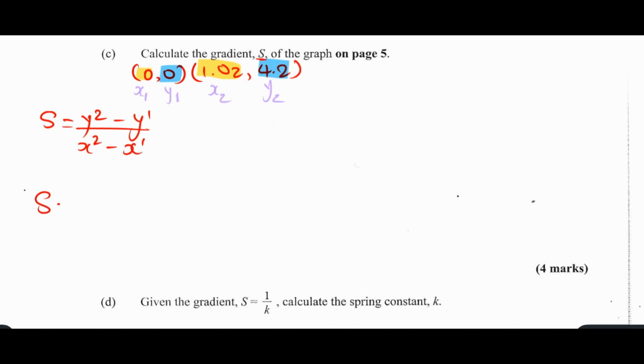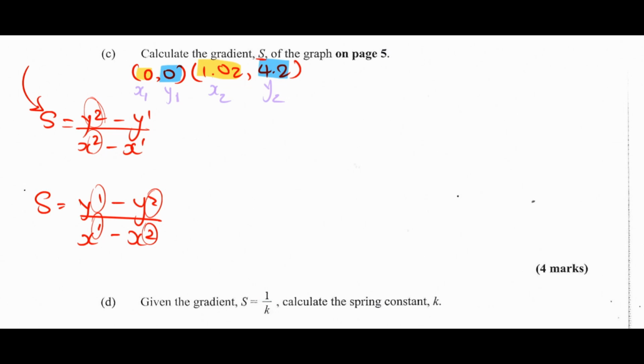You could also do y1 minus y2, but then you have to do x1 minus x2. So 1 stays under 1, 2 stays under 2 in all cases. I'm going to use the first one, but however else you have learned to work out your gradient, do it whichever way you're comfortable with.